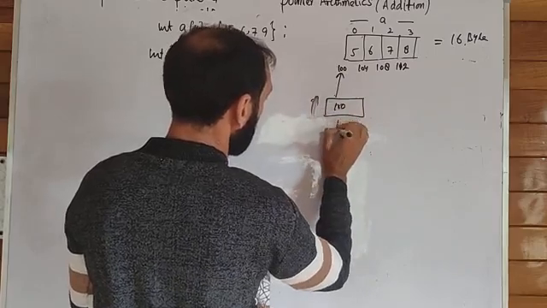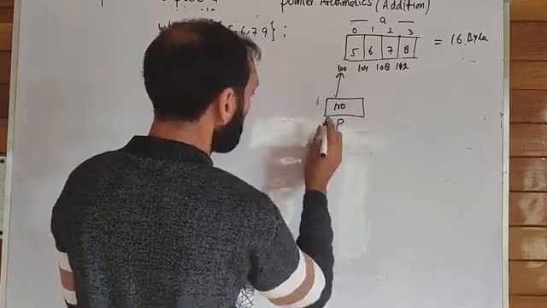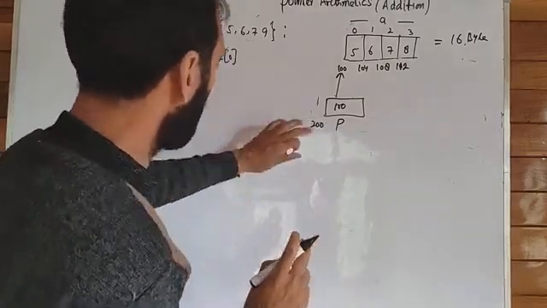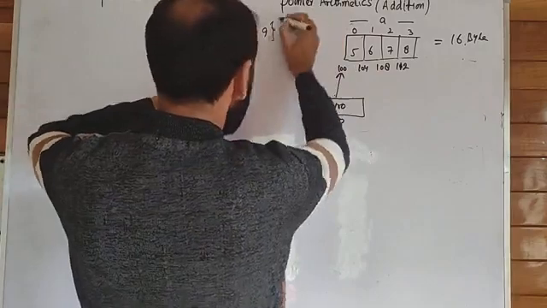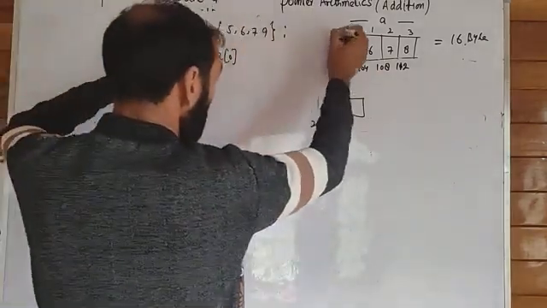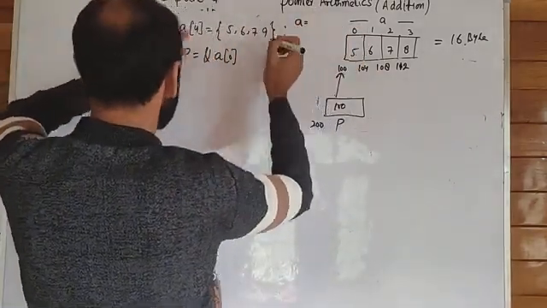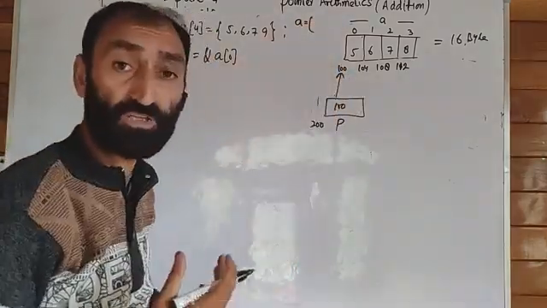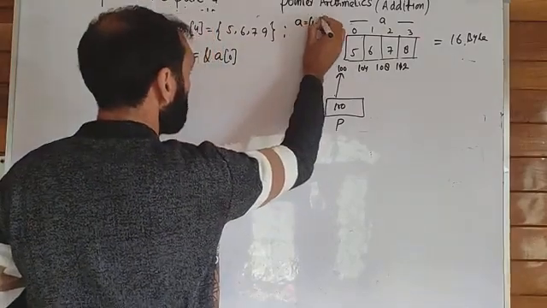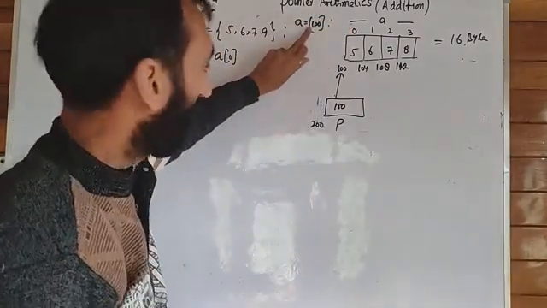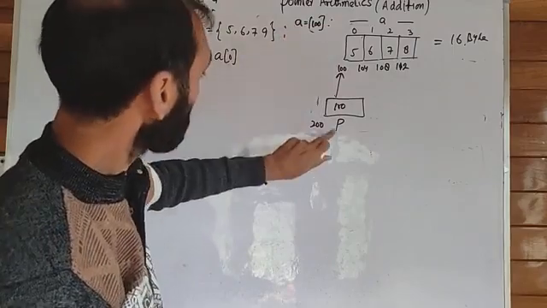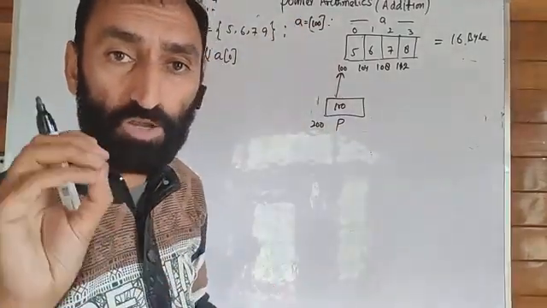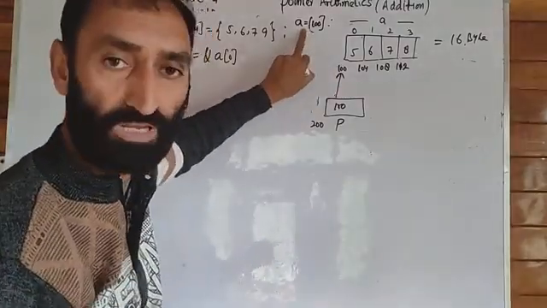For example, say the base address is 100. The array name A is also an internal pointer holding the base address of the array, that means 100, so A is 100 and P is 100.